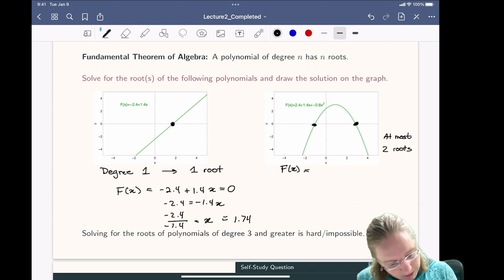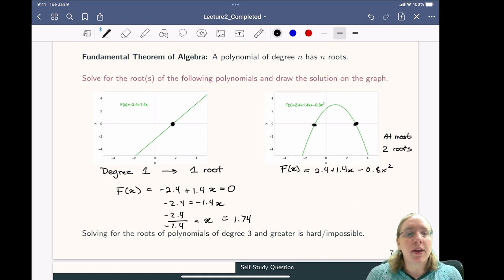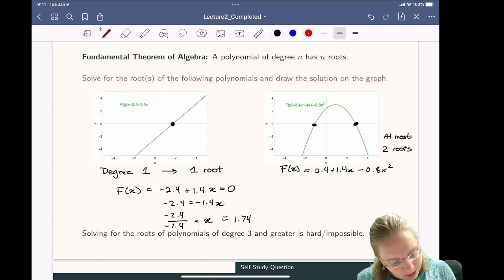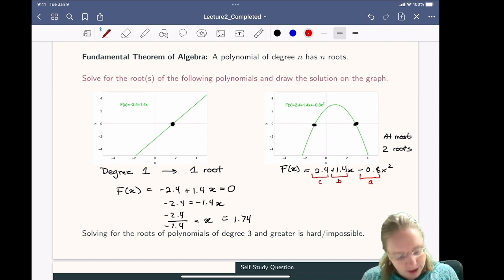So we have f of x here is equal to 2.4 plus 1.4x minus 0.8x squared. And remember that when we talk about these negative constants, we have to include that negative sign in the constant. To find the roots of a quadratic, we use the quadratic equation. To do that, we use this as our constant a, this is our constant b, this is our constant c, and that negative sign is included in there.